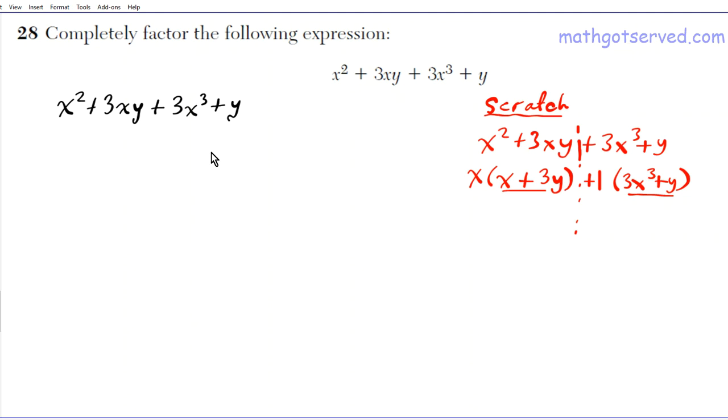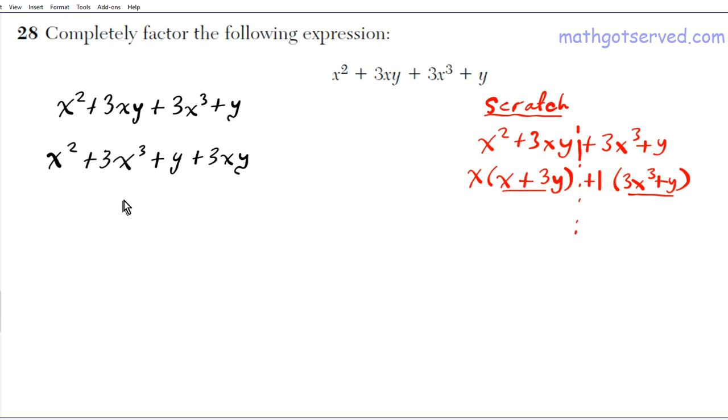Now what if we interchange the middle terms? What if we have x squared plus 3x cubed and then plus y plus 3xy. So I'm grouping the 3xy, moving it with the y, and the 3x cubed with x squared.